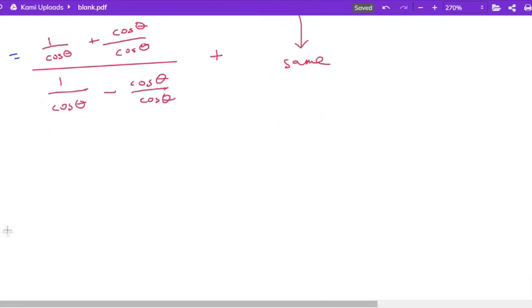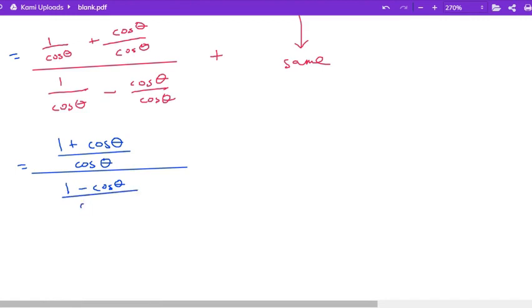Now we're adding. In the numerator, I get 1 plus cos theta over cos theta. In the denominator, I get 1 minus cos theta over cos theta. Is it starting to clear up?